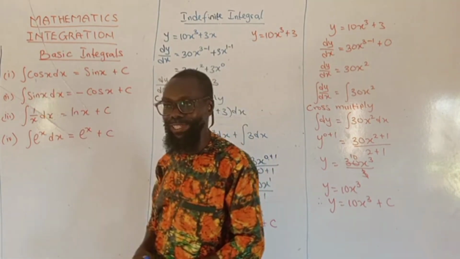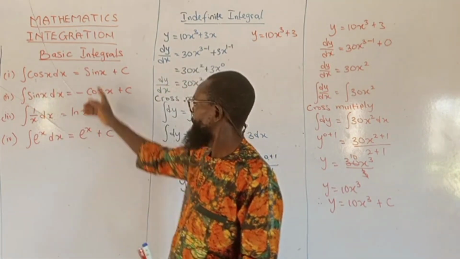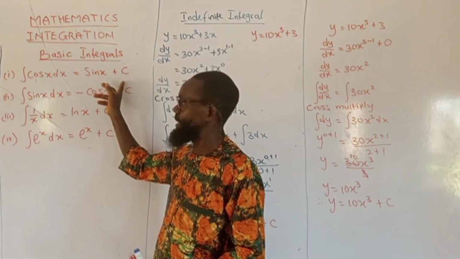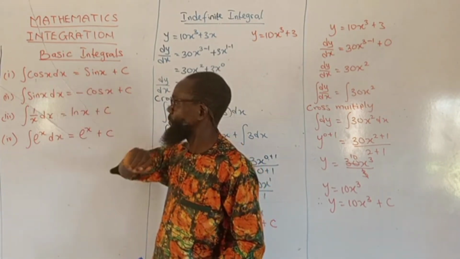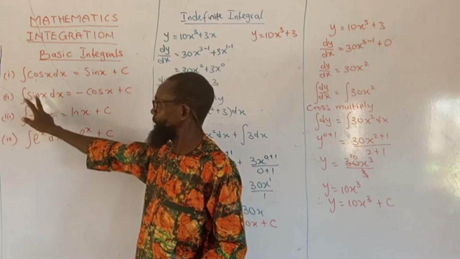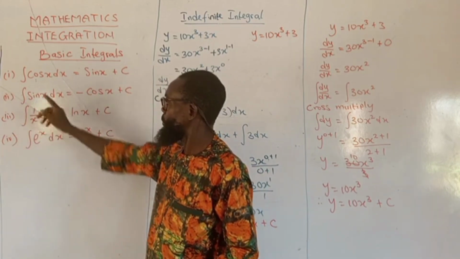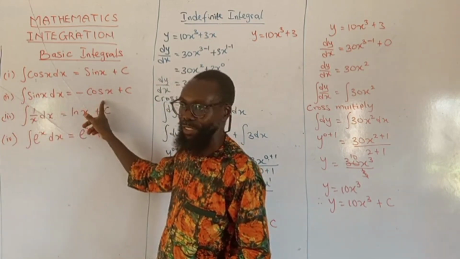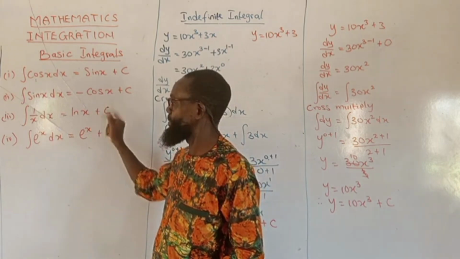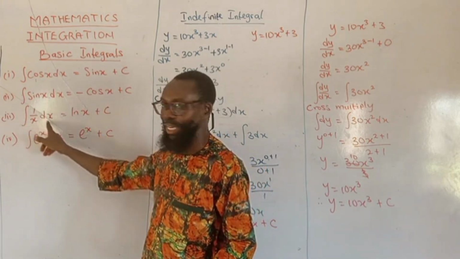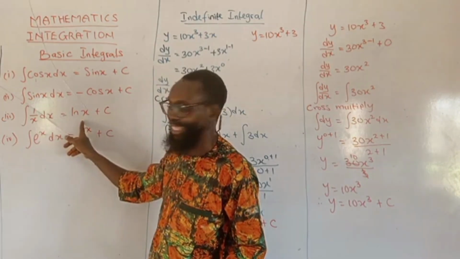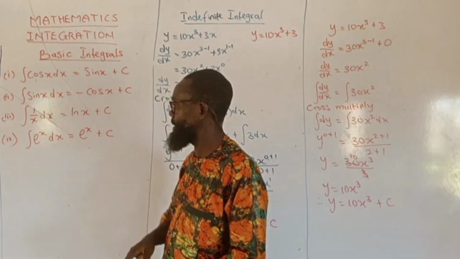Integration of cos x dx will give us sin x plus a constant c. Meaning when you integrate cos x, you get sin x. Fine. 2. Integration of sin x dx will give us minus cos x plus a constant c. Also, integration of 1 over x dx will give us ln x plus a constant c.